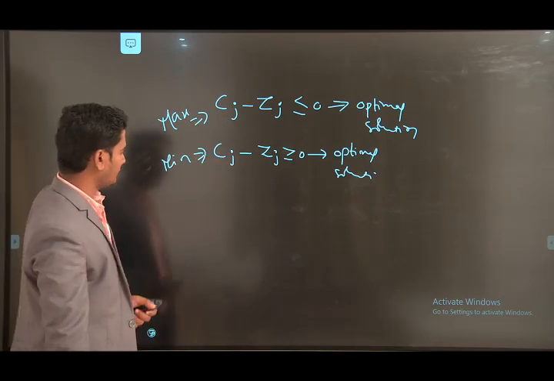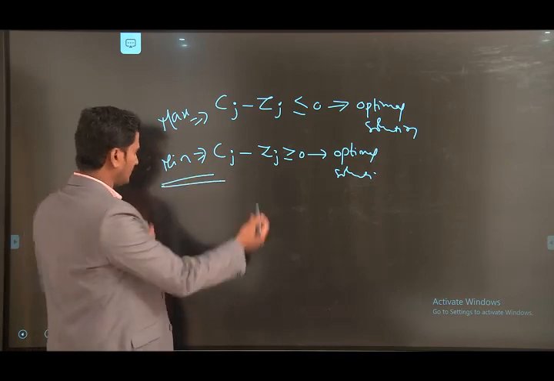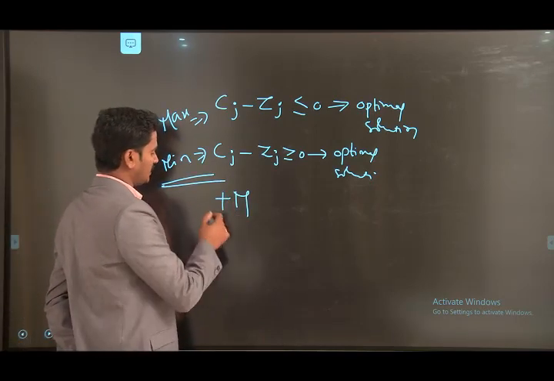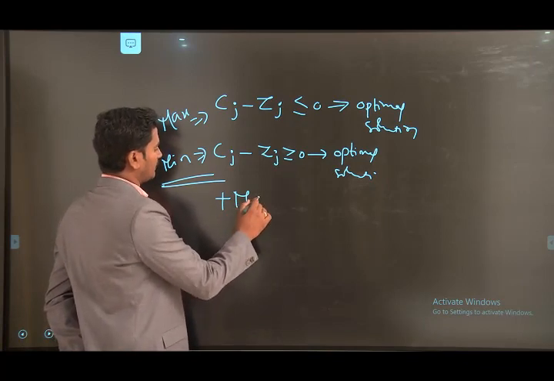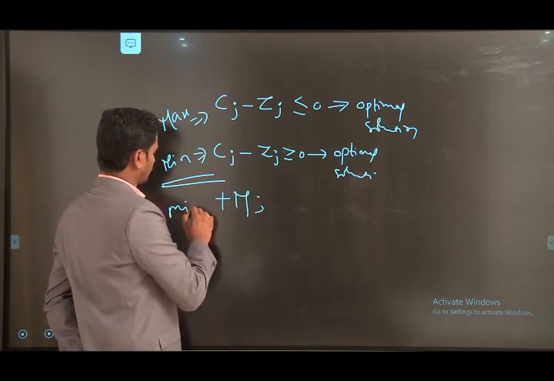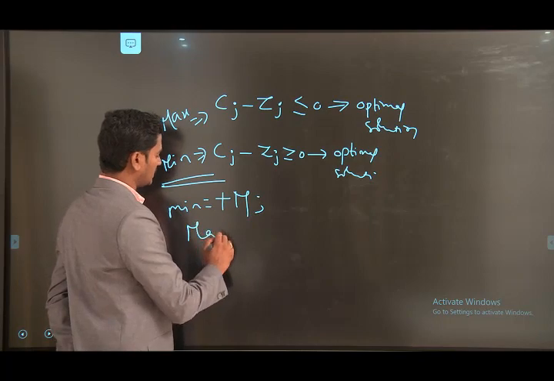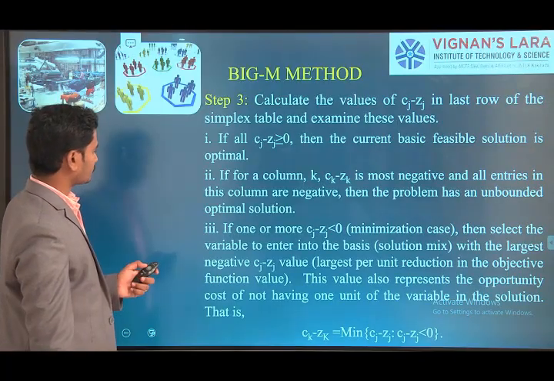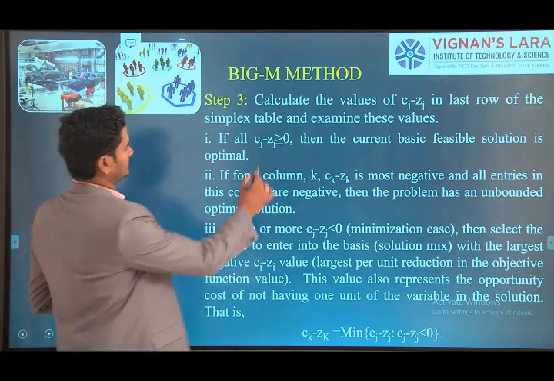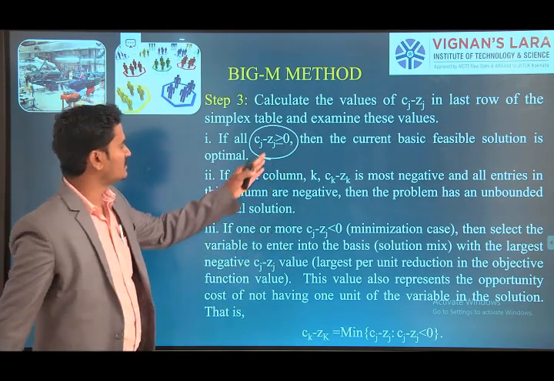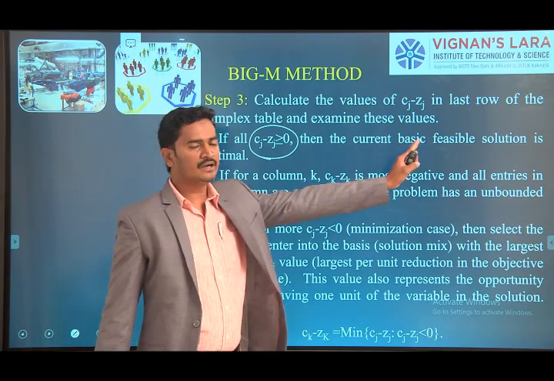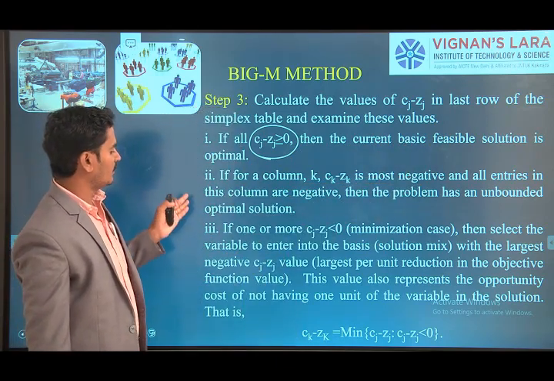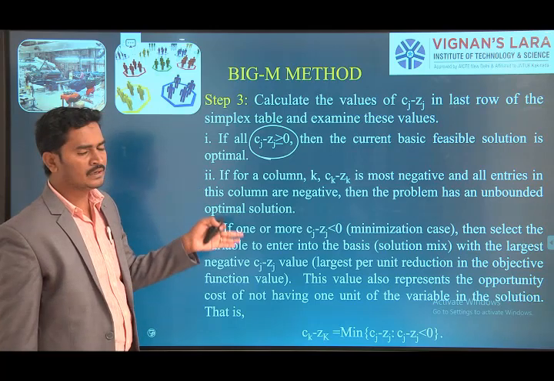Here in the big M method, at the minimization type we add the highest coefficient M. If it is the maximization type, we subtract the maximum value. If Cj minus Zj is greater than or equal to 0, then the current basic feasible solution is optimal. If not, we go to the iteration process.